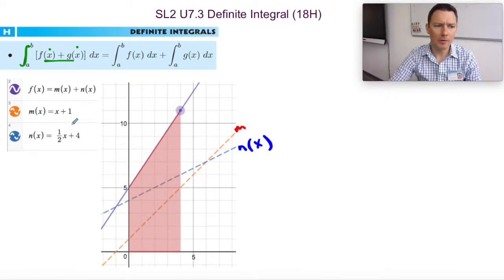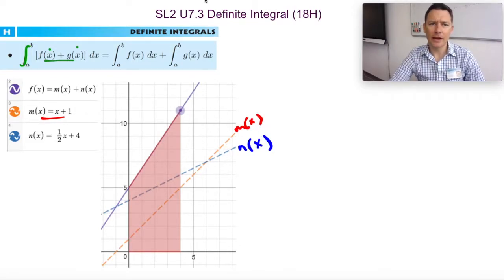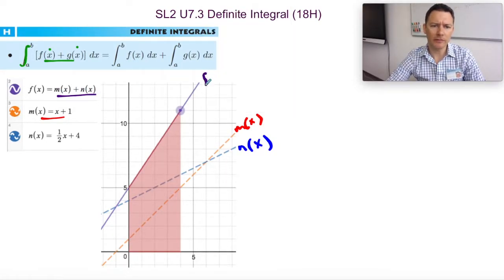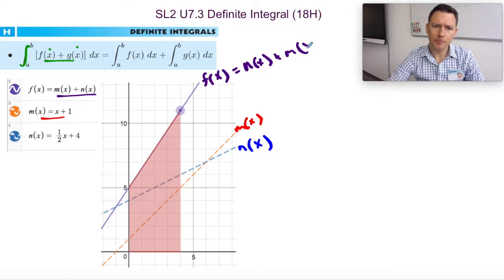This guy, m of x. If you're integrating, it really means you're adding the areas underneath like this. You could think of this, okay, and this purple is the sum of the 2. This is f of x, which is n of x plus m of x.